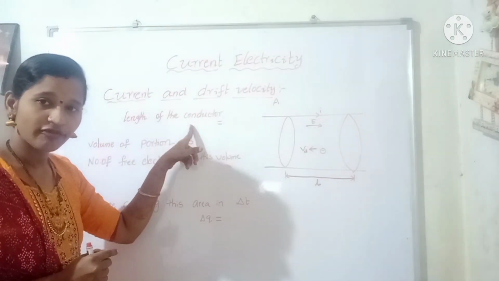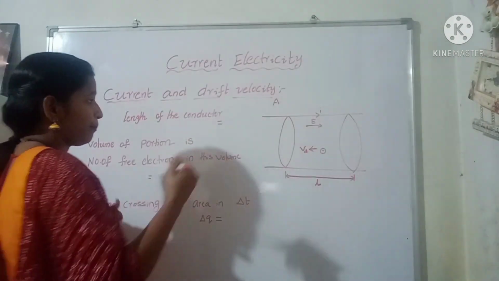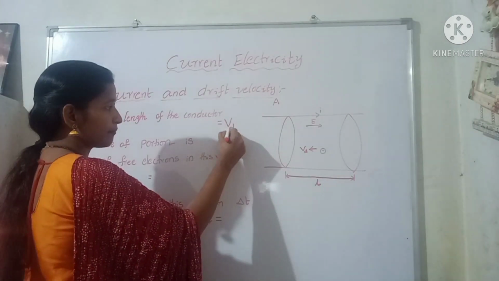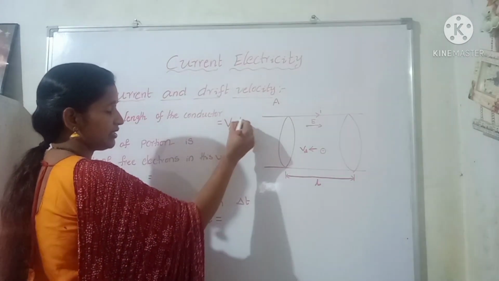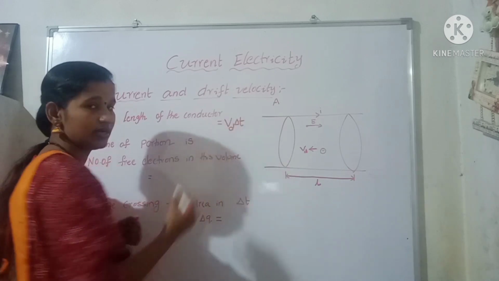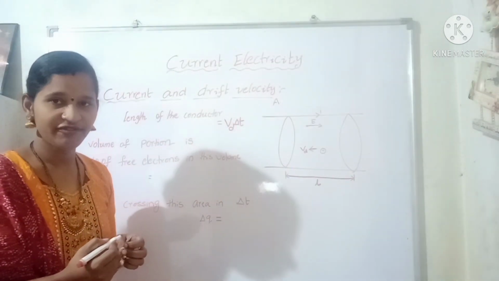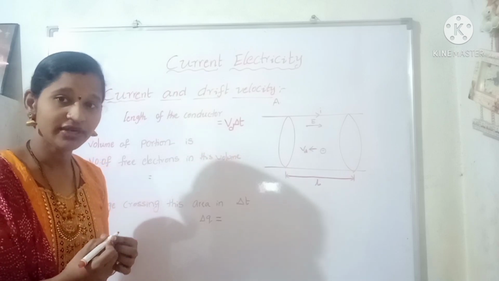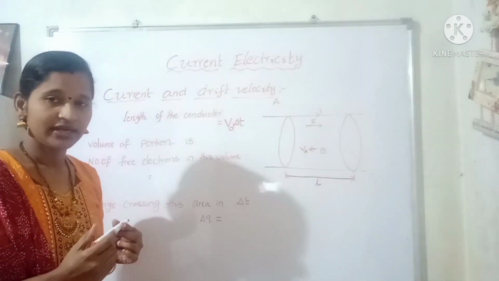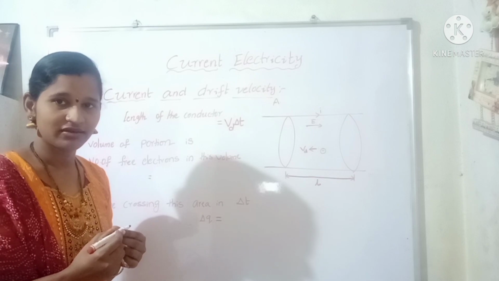First, take the length of the conductor. What is the length? It is Vd into delta T. How did we get this formula? We know the velocity formula: velocity equals distance by time. Distance is the path length.